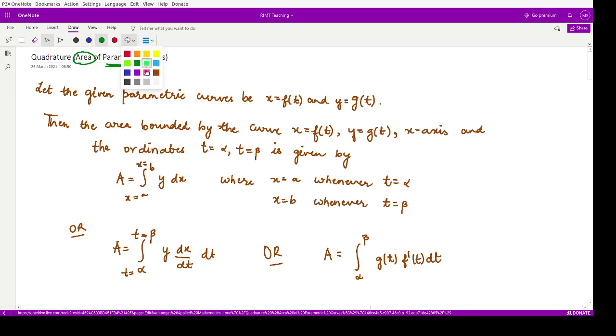So for that, let us suppose the given parametric curves have the equation of this form: x is equal to f of t and y is equal to g of t.